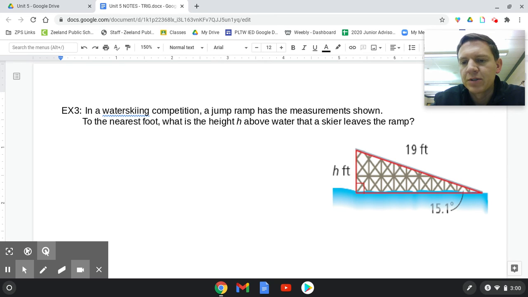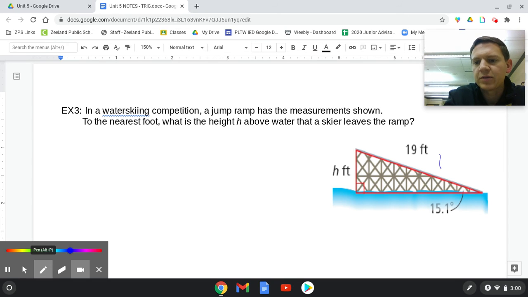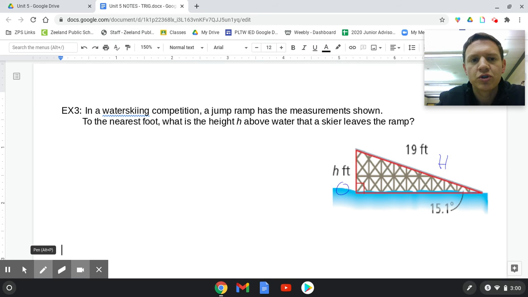Okay. So we're given the hypotenuse of this right triangle is 19 feet. We want to know the side opposite of the 15.1 degree angle. So I have the hypotenuse and I want to know the opposite side. Which trig function relates opposite and hypotenuse?